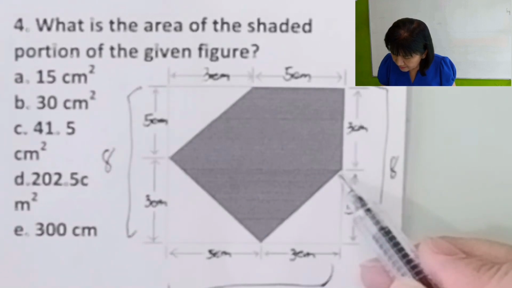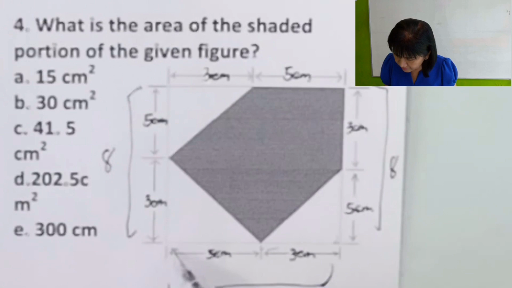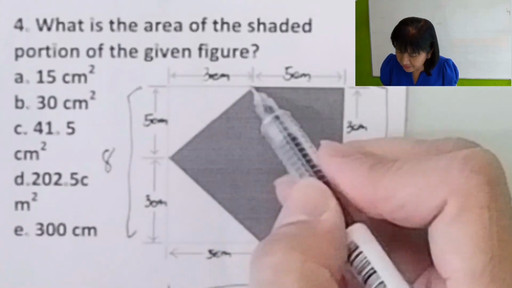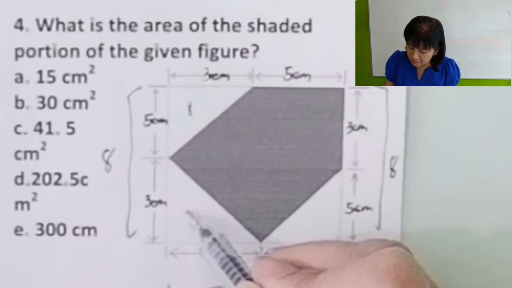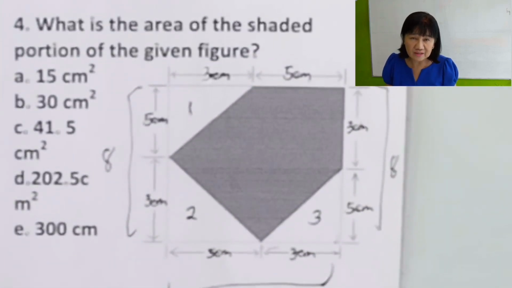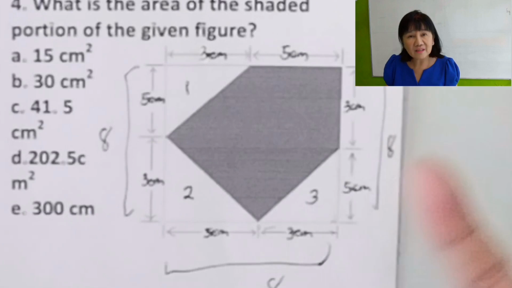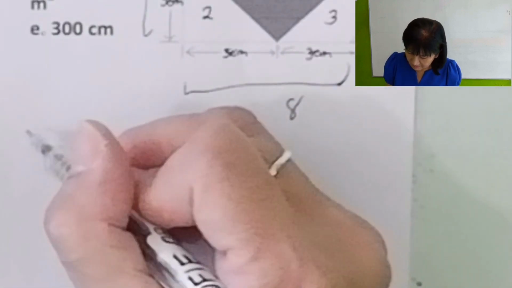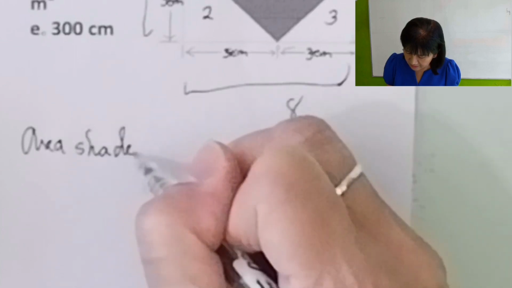Let's take a look at the triangle. We have a 5, 3 here, a 5, 3, a 5, 3. Did you notice that triangle 1, let's call this triangle 1, triangle 2, and triangle 3 are congruent triangles? So they must have the same area. So now we can take a shortcut to take the area of the shaded figure.